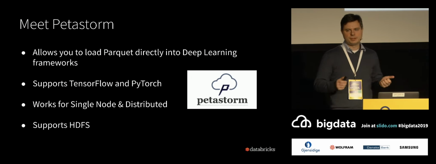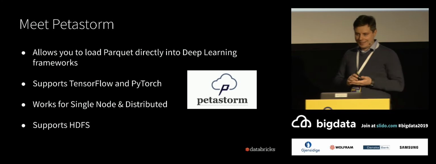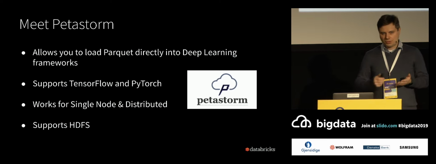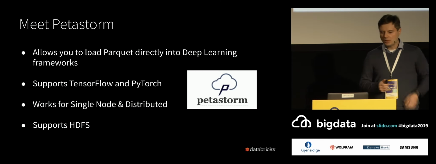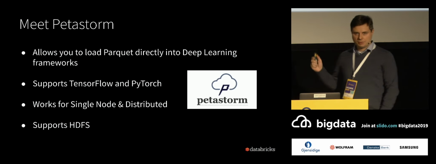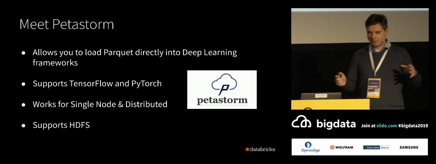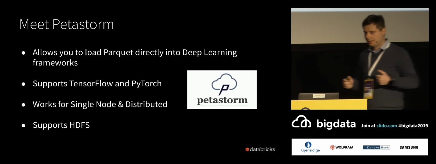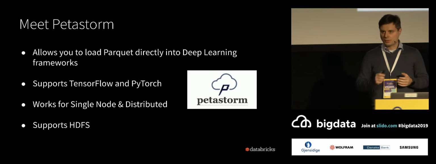This should be some sort of a column-oriented format, and Parquet, I think, is the best alternative. And with TensorFlow, usually we are working with NumPy arrays or HDF files. Petastorm allows us to read the Parquet files that we can prepare with Spark, for example, and directly use them for training with TensorFlow or PyTorch or any other library.